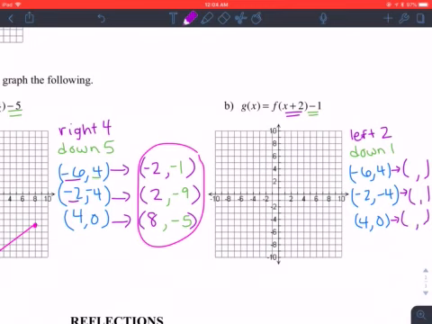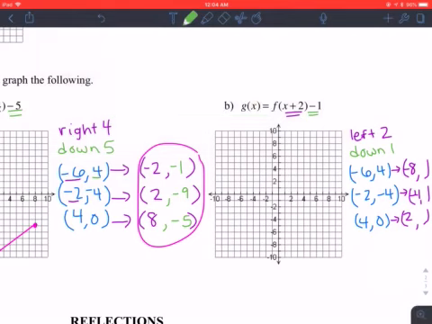Okay, so to move left 2, so we're starting at -6, moving left 2. Notice we get to -8. Okay, starting at -2, if I shift left 2, I get to -4. Okay, and then if I'm at 4 and I shift left 2, I end up at a +2.